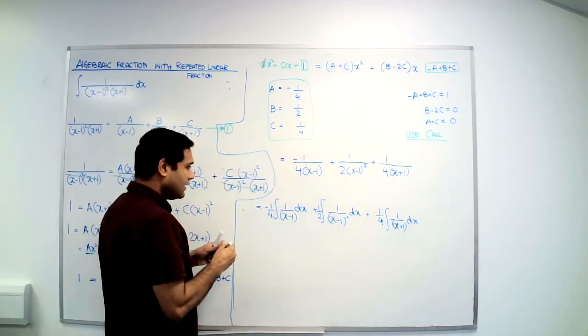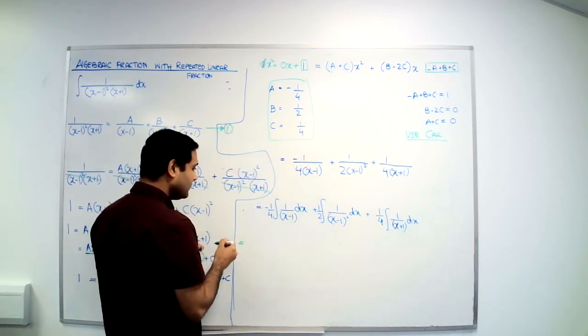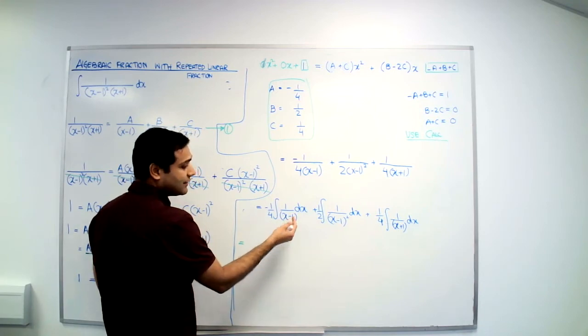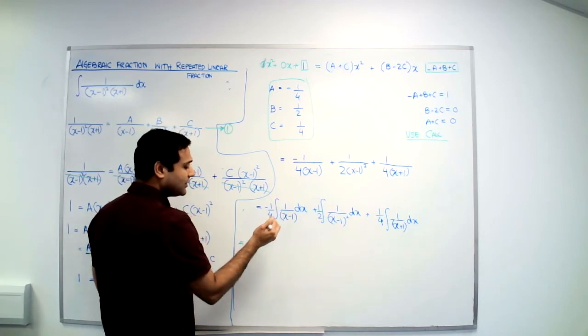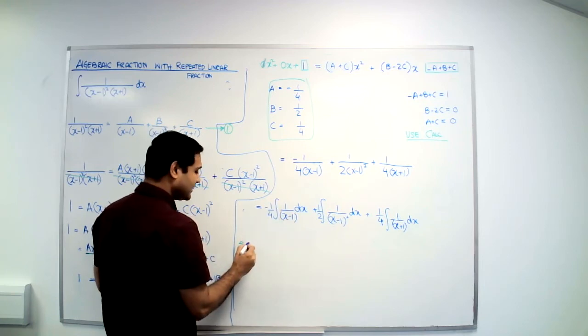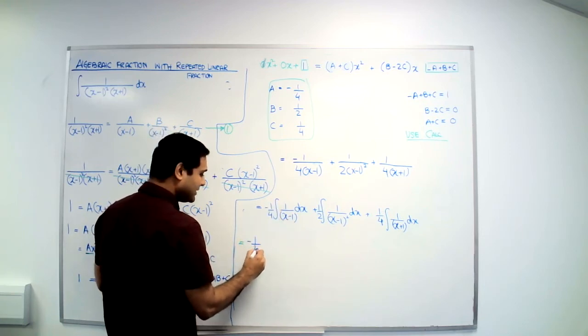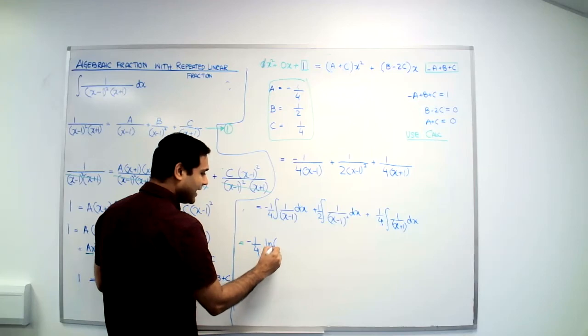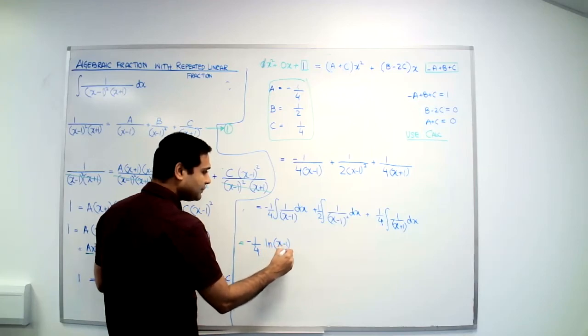Okay, let's have a look. According to the rule, differentiation of this one exists on the top. So 1/4 is there. According to the rule, it's going to be ln of x minus 1.